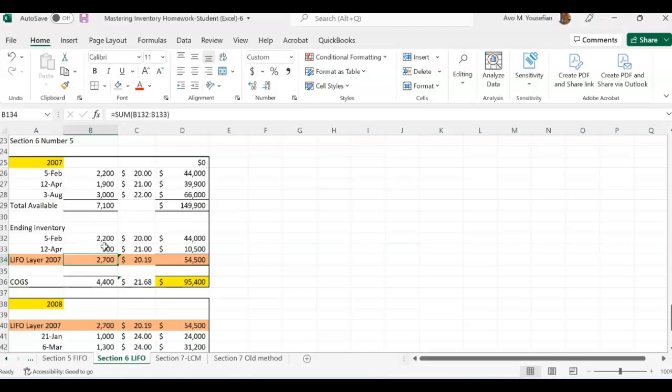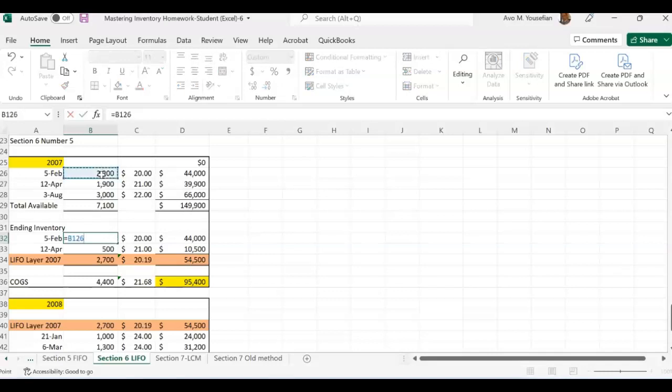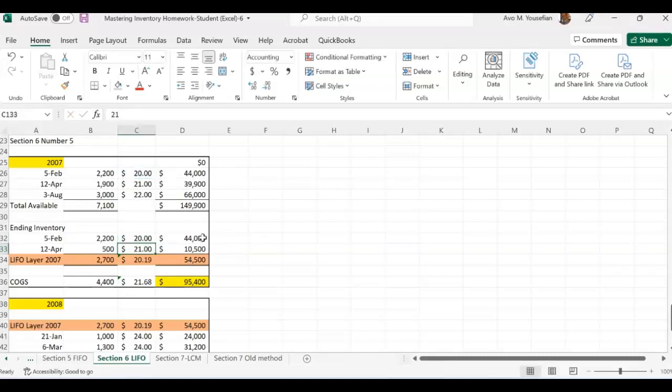Okay, so where is that 2,700 units coming from? Remember, this is LIFO. That means last layers, last in, first out. Those are gone. So the top layers are left. So let's go from the top and pick up the top. How many? We need 2,700 units. So go to the pickup at the top and pick it up and put it here. So that's equals to the top 2,200. The $20 cost is coming from that cell. Enter. And if you multiply that, that's $44,000. But that's not enough. We need another 500 units.